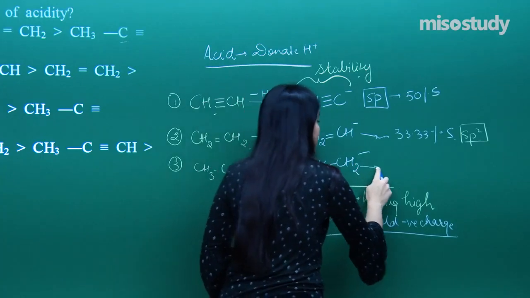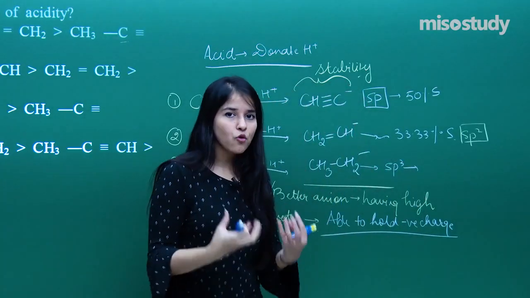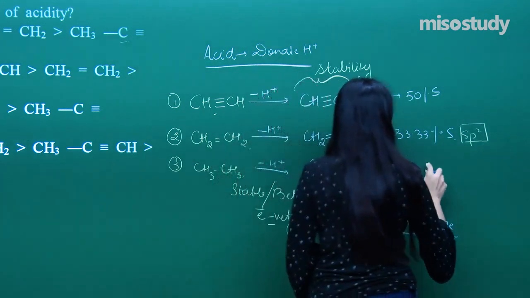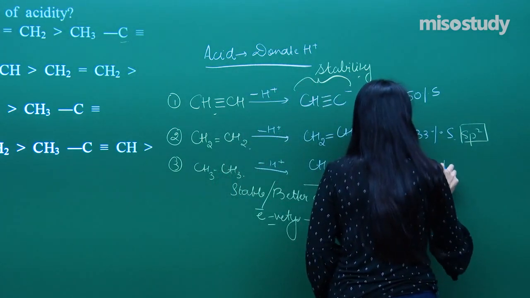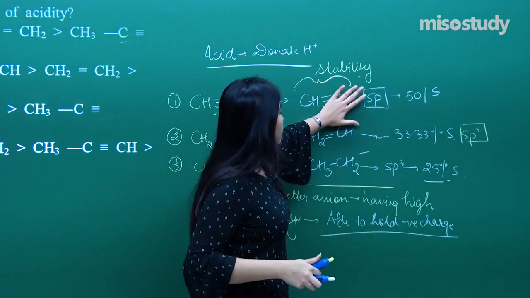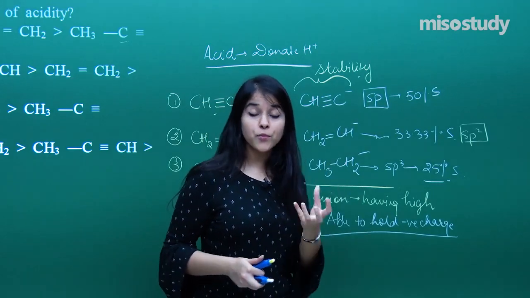And over here it's sp3 having the least possible s character, approximately 25%. More the s character, more will be the electronegativity. So that is our answer to it. This would definitely hold the negative charge in a more proper manner.